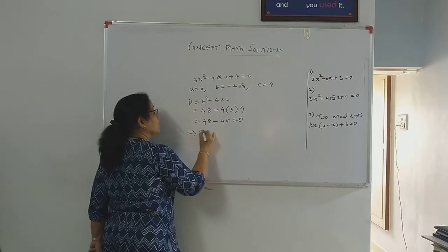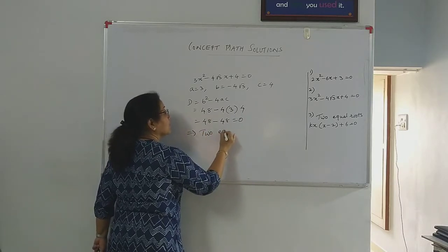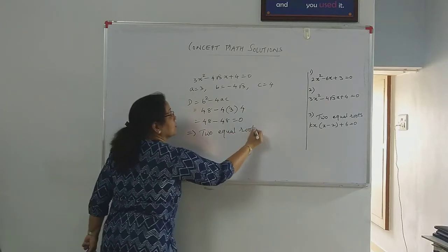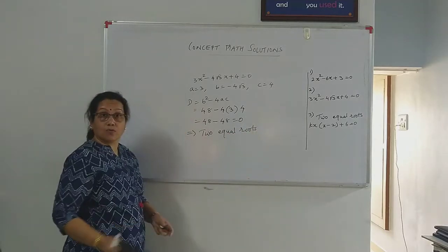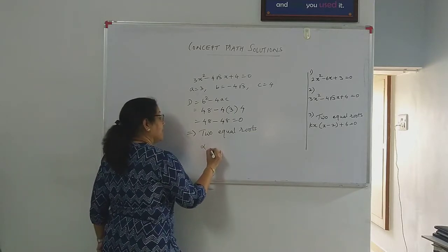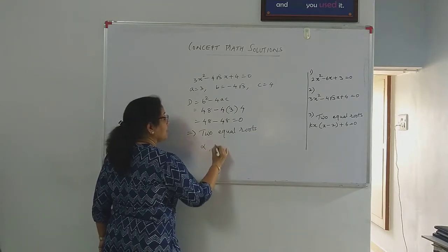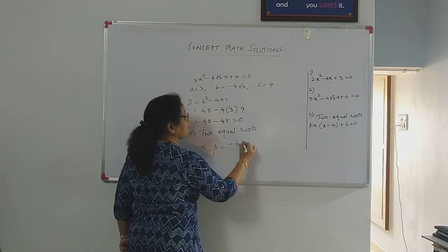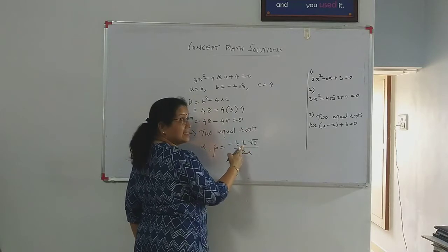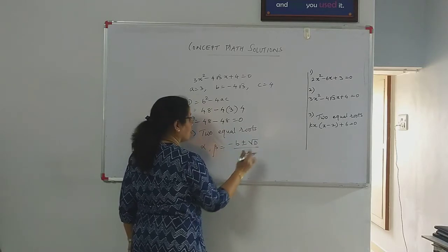That means two equal roots. D equal to 0 means two equal zeros or two equal roots. That means alpha and beta are equal. You understand how they are going to be equal: minus b plus minus root D upon 2a. The plus minus is the difference, but this is 0, so this drops off.